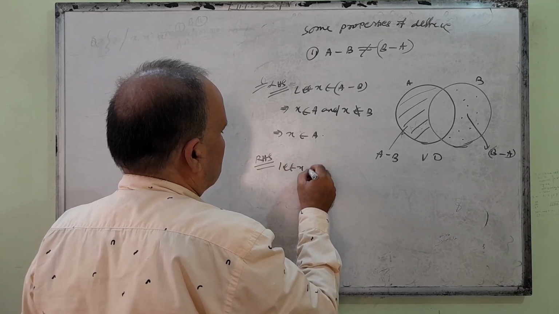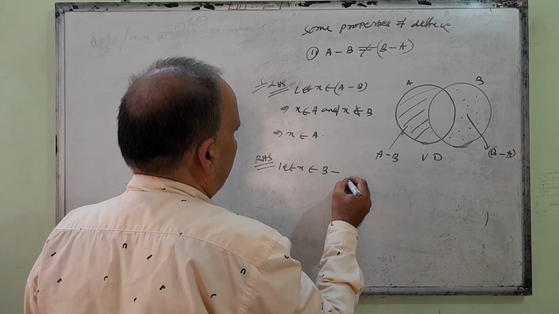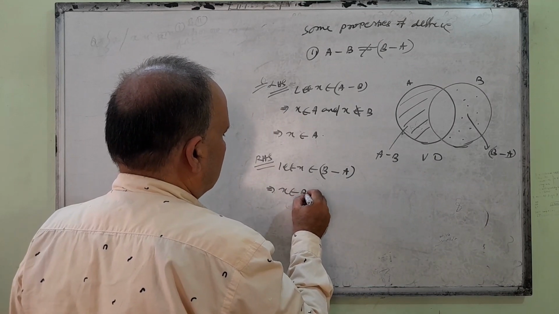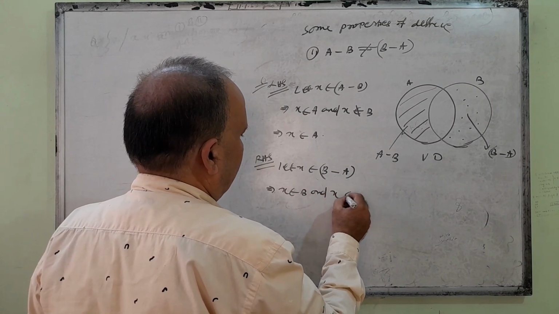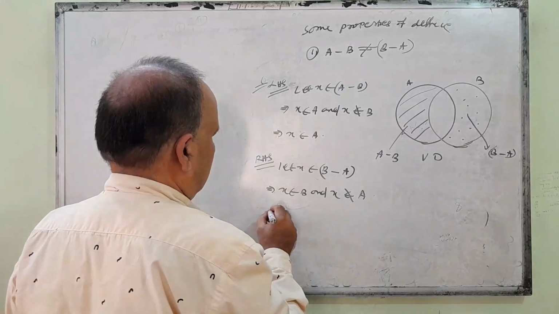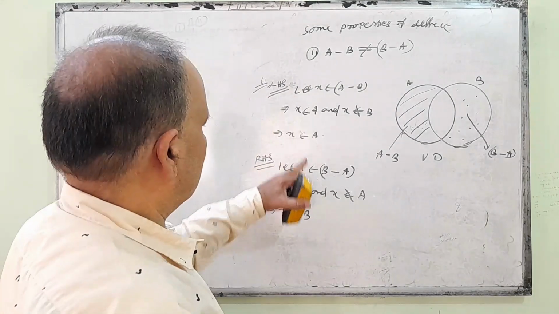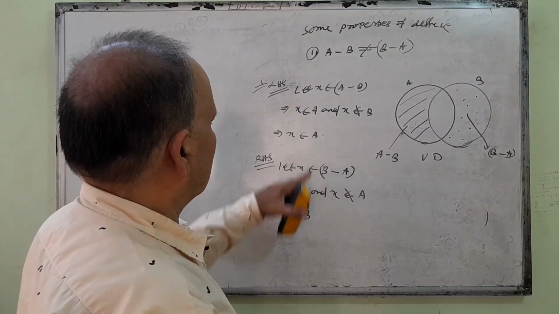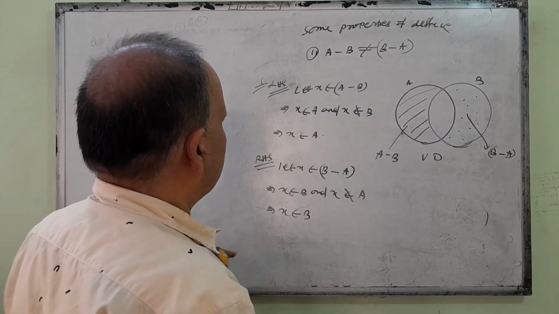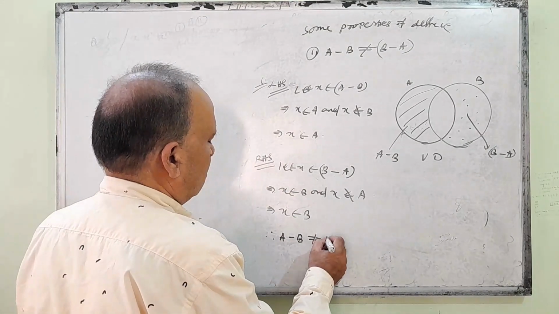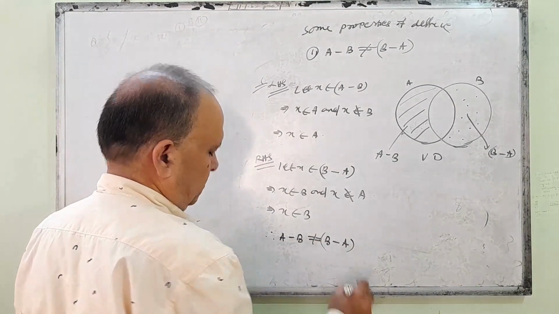Let x belong to B minus A. This implies that x belongs to B and x does not belong to A. So this implies that x belongs to B. You see, here x belongs to A and here x belongs to B. So the left hand side is not equal to the right hand side. So we can say A minus B is not equal to B minus A.